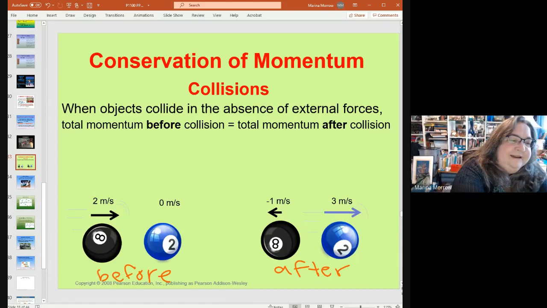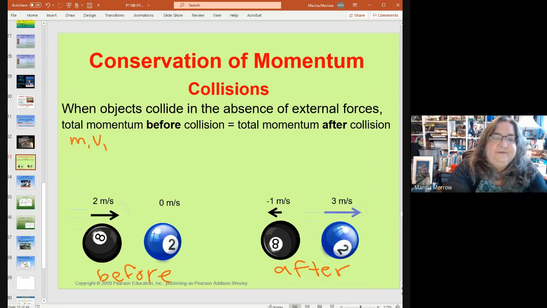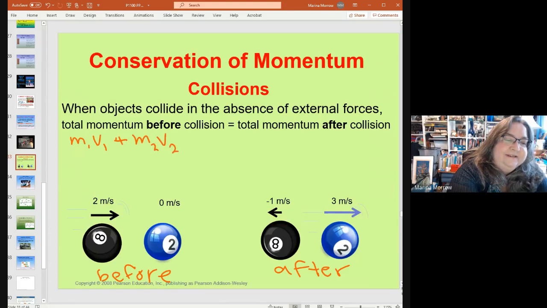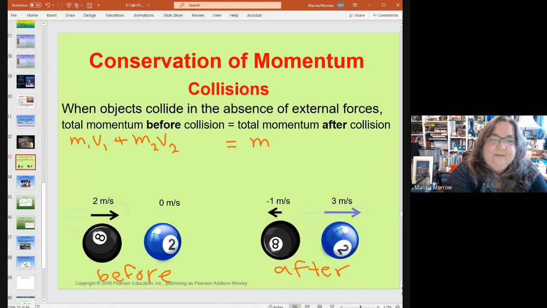So for total momentum, we need a mass 1 times velocity 1, the momentum of the first ball, which is going to be the 8 ball. And then we need to add to it the mass of the second ball times the velocity of the second ball. And then afterwards, we're going to do it again, but now we're going to look at the final velocities.